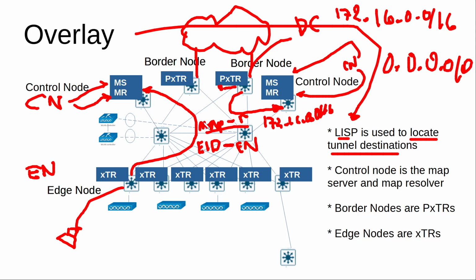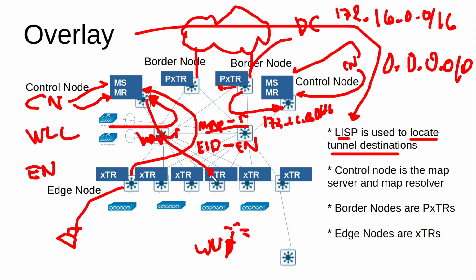And what else? For wireless users, the process is a little bit more complicated, because the wireless LAN controllers will be in charge of registering those users to the map servers, which are the control nodes, using a map register message, but that map register message will point to the edge node where this user is being served through the access point.